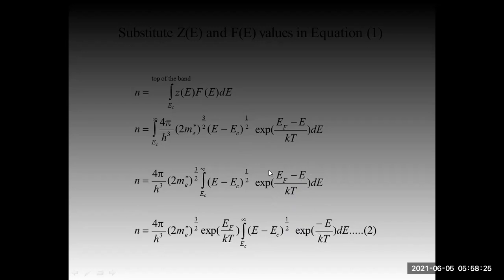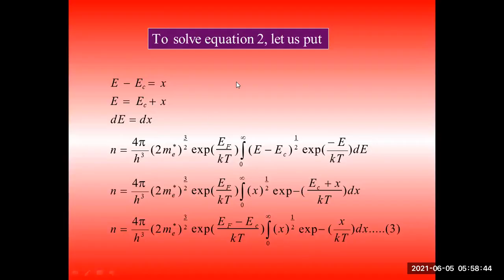You need to remember this basic mathematical step: exponential of EF minus E by KT can be individually written as exponential of EF by KT and exponential of minus E by KT.